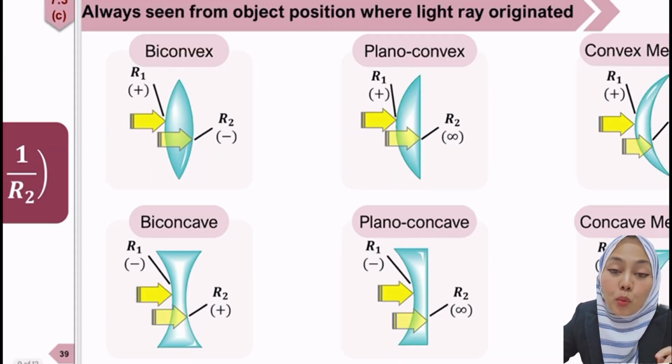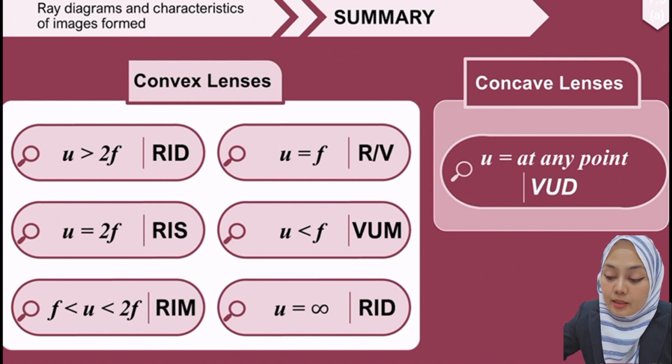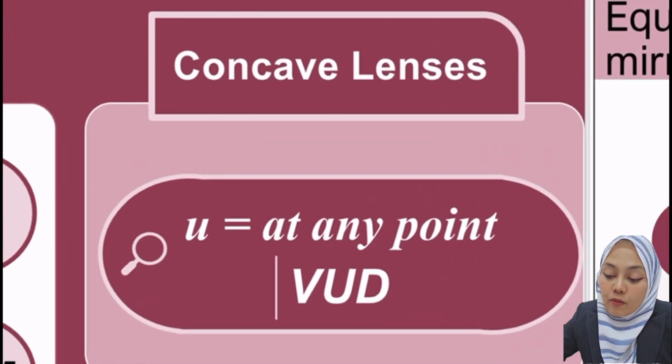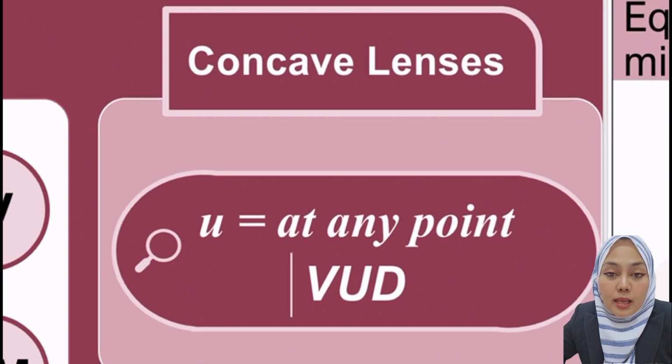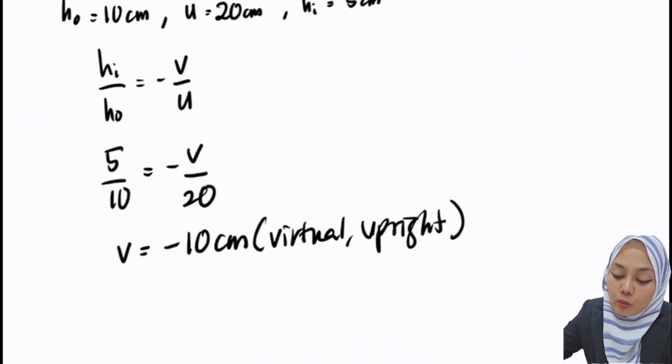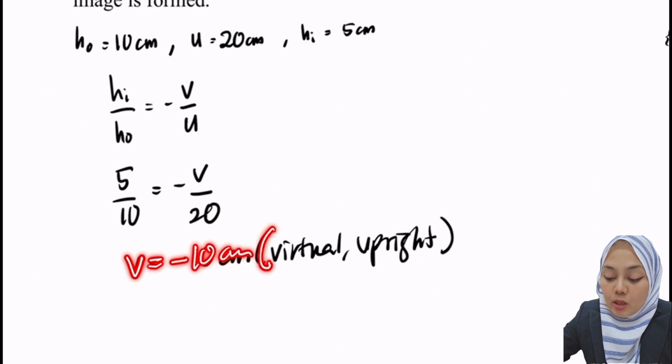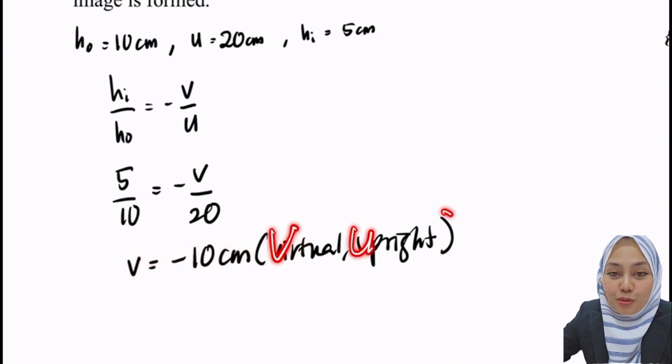Now this matches our summary of lens ray diagrams. You can see here for a concave lens, we always have VUD, V-U-D. So when we go back to our calculation, it is verified that our V is negative 10 centimeters, which gives us that this is V and U already.